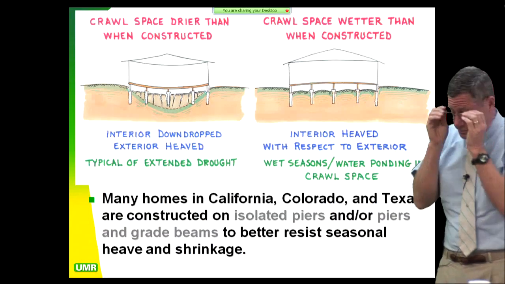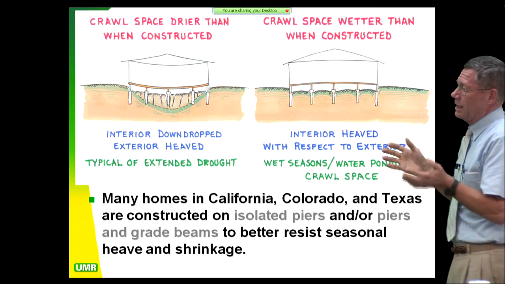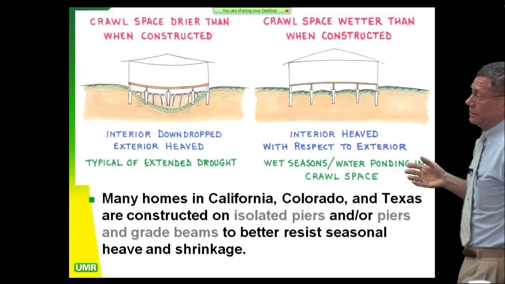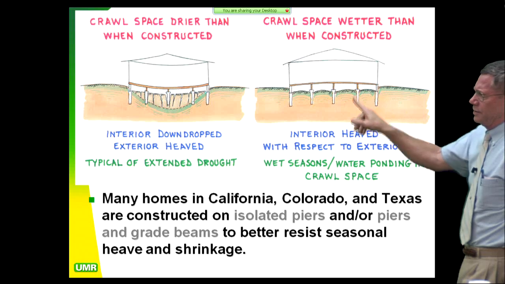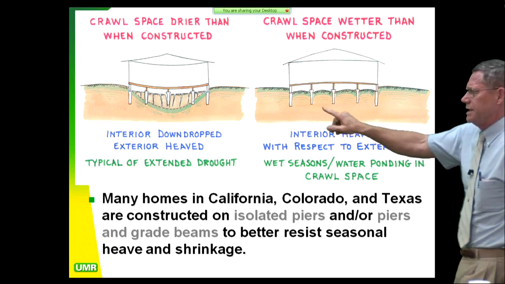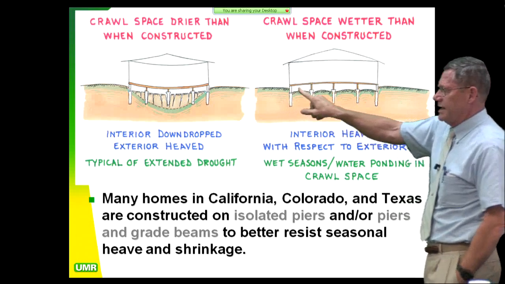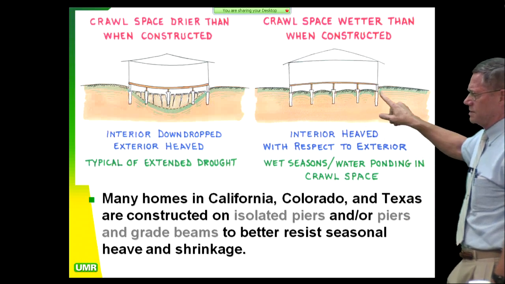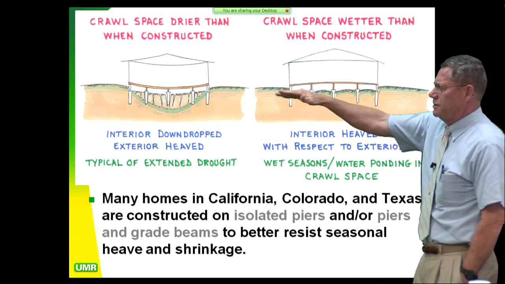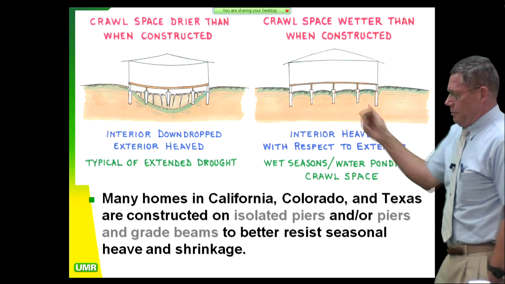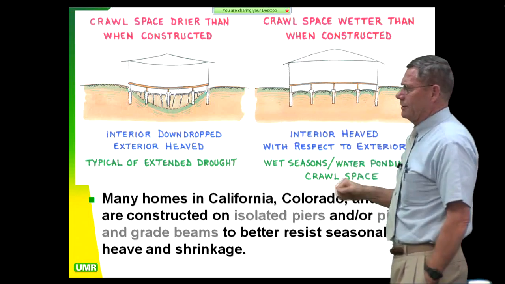Now, if you're someplace like Texas, Colorado, South Dakota, where they really have serious problems with this stuff, they put in drilled pier foundations in the old days. And in the old days, they didn't have continuous grade beams connecting all of them. When you don't have the continuous grade beams, you get these kinds of problems in California and Colorado and Texas.